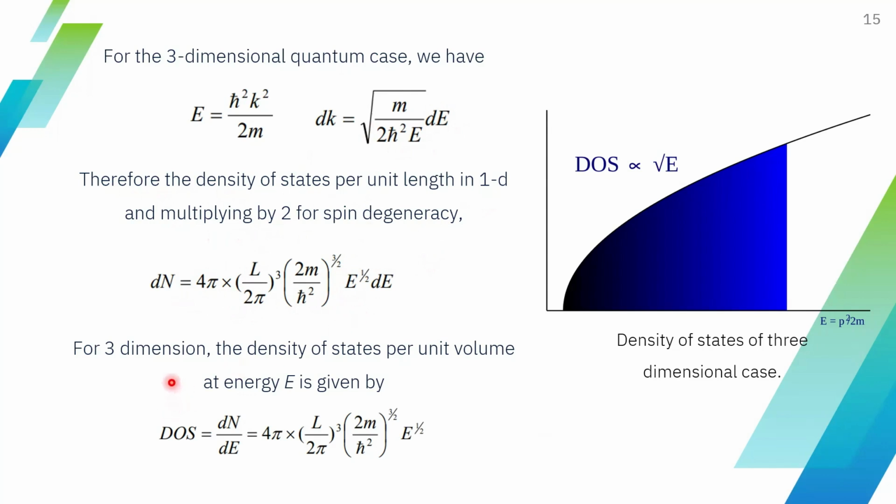So for three dimension, the density of states per unit volume at energy E is given by g(E) equals dn/dE equals 4π (L/2π)³ (2m/ħ²)^(3/2) E^(1/2). You can observe in this figure, it shows the density of states of the three-dimensional case. So here the density of states is directly proportional to the square root of energy.